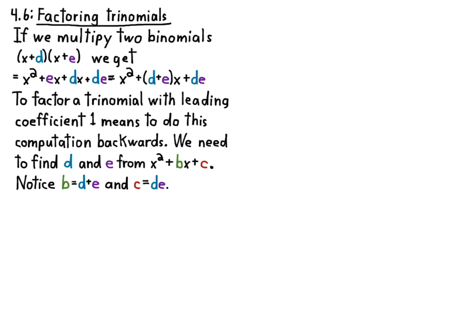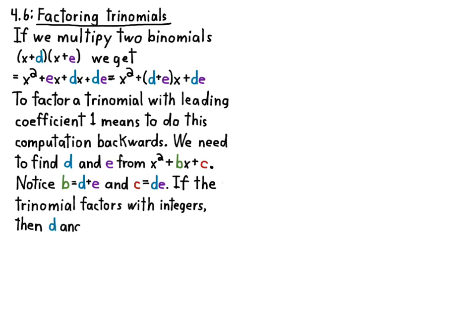Okay, so we have b equals d plus e, and c equals d times e. So if the trinomial factors with integers, and some trinomials don't factor with integers, so at this point you would just say doesn't factor, meaning doesn't factor with integers. If the trinomial factors with integers, then d and e are integer factors of c.